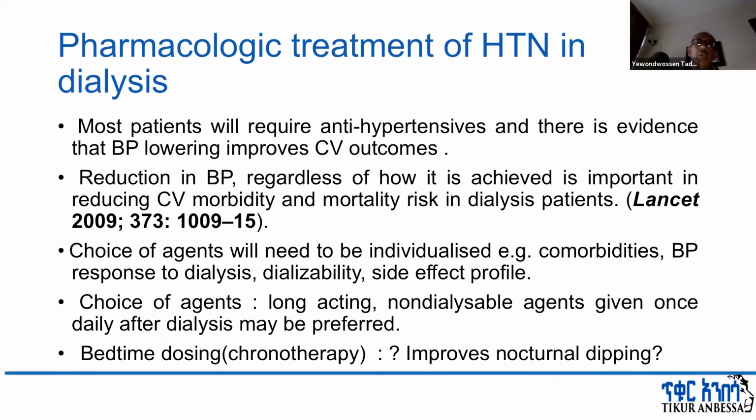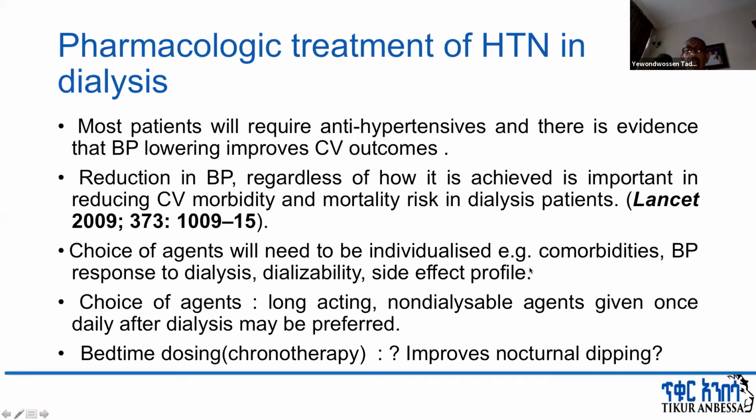But which agents to use among the plethora of antihypertensive agents available to us will depend on a number of factors. Like all patients with hypertension, choice of agents will need to be individualized, although one can talk about agents of first choice, second choice, and so on.